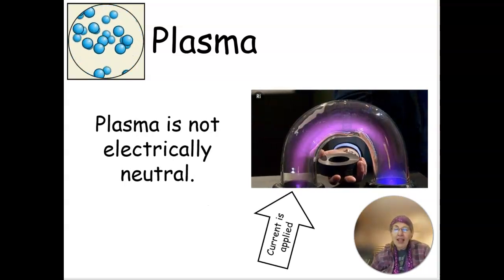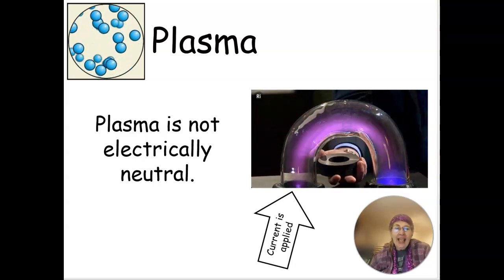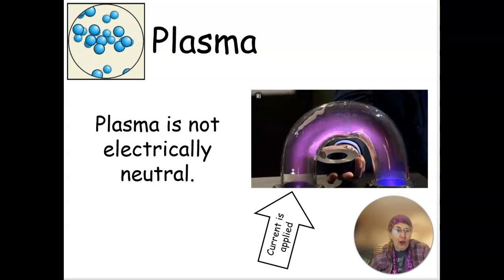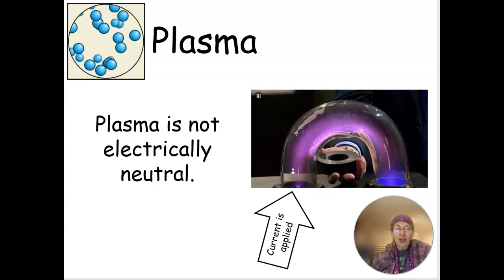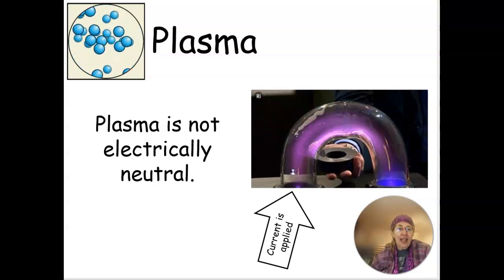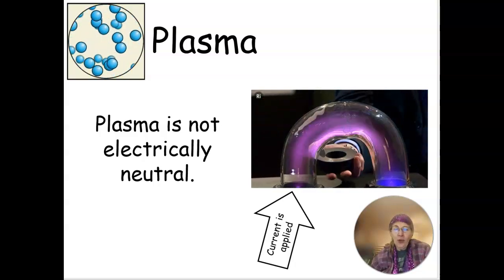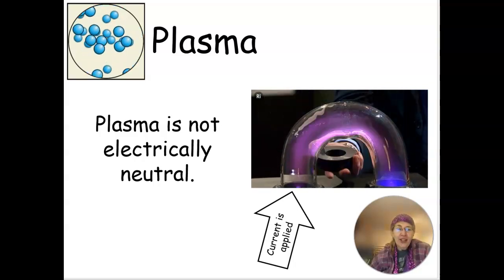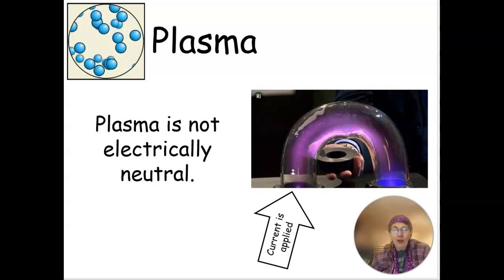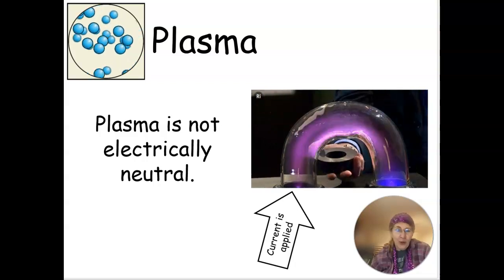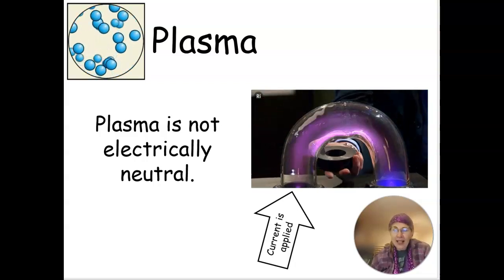So plasma is gas that has been energized, charged. Another word you'll hear is ionized. And so plasma isn't neutral. So normal gas just hanging around doesn't have a positive or a negative charge. When we talk about electricity, it's either going to have a positive or a negative charge.